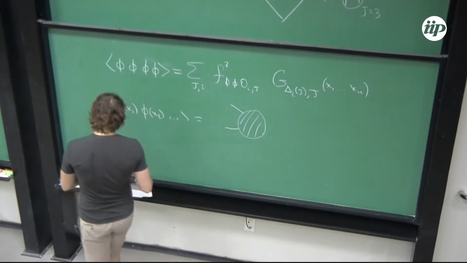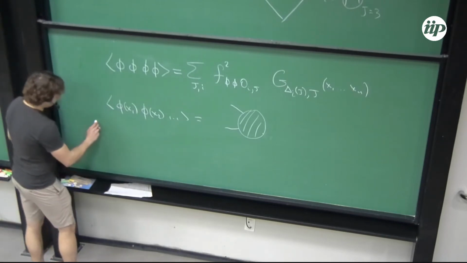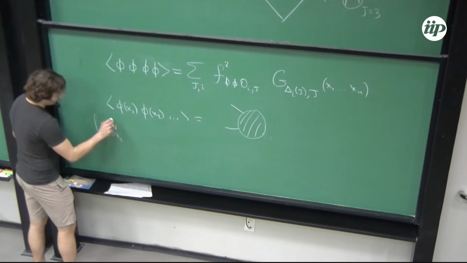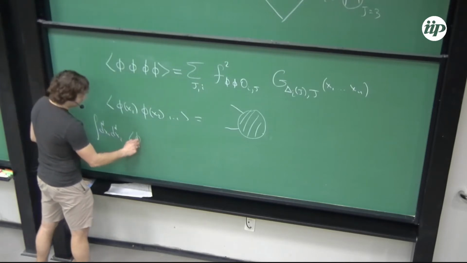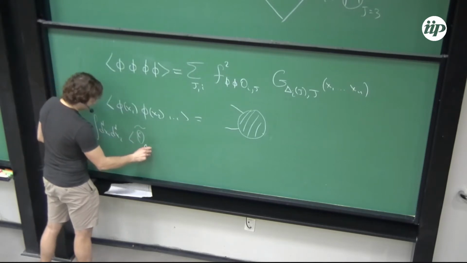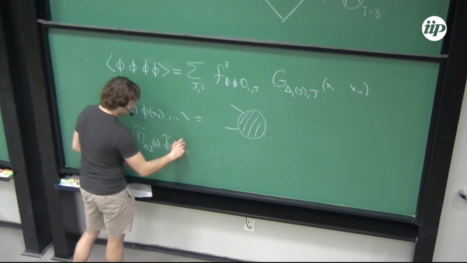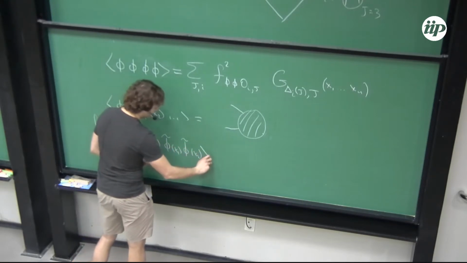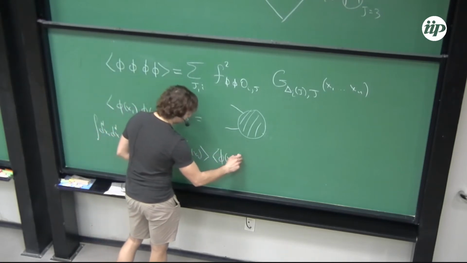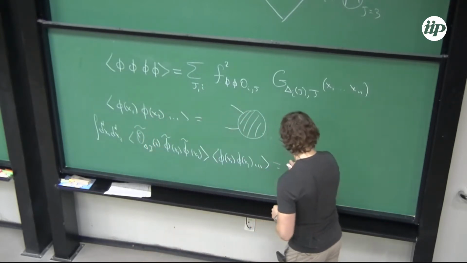And indeed, if you do everything carefully and rigorously, what harmonic analysis instructs us to do is to compute the integral over x1 and x2 of some standard three-point function, which I will just denote in this way, against this four-point function. And pictorially, we can represent this as this diagram.